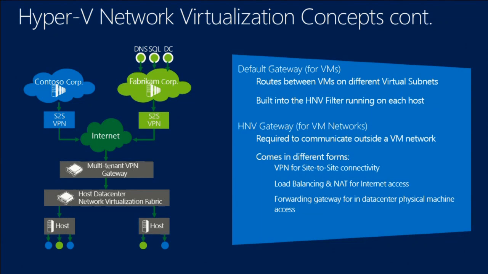I think the best way to understand the default gateway is to think about our HNV as a router. Because if you see the previous slide, each virtual network can have multiple VSIDs. Now to enable routing between the VSIDs, just like in the past, to enable routing between VLANs, you have to go through a router.